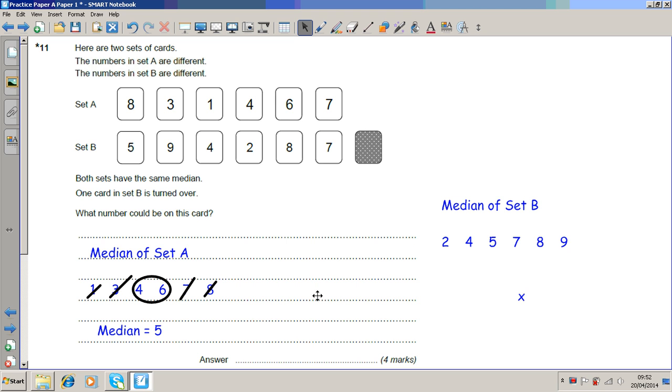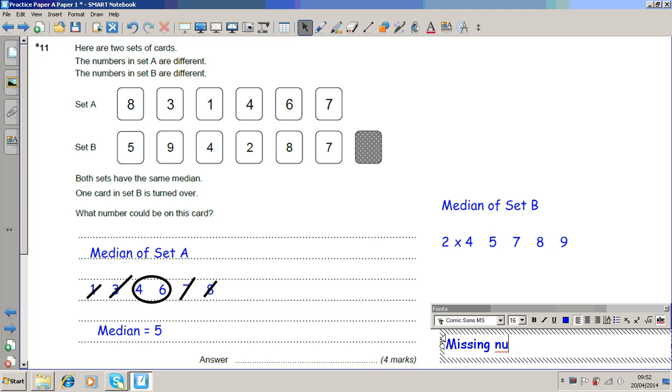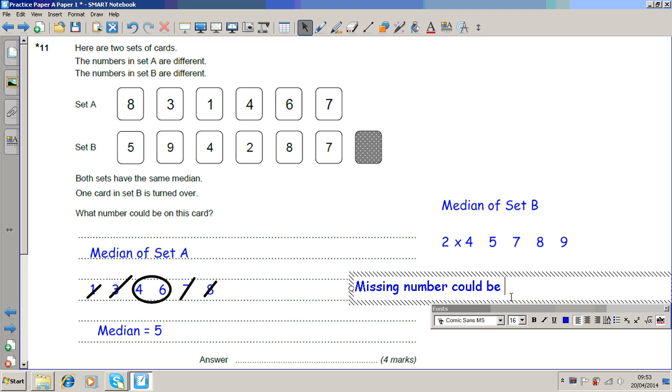Okay, now the median is equal to 5, so the middle number has to be 5. So to make the 5 the middle number, we need to have this number here somewhere along here. Now they're all different, so the missing number could be, well, it could be 1 or 3.